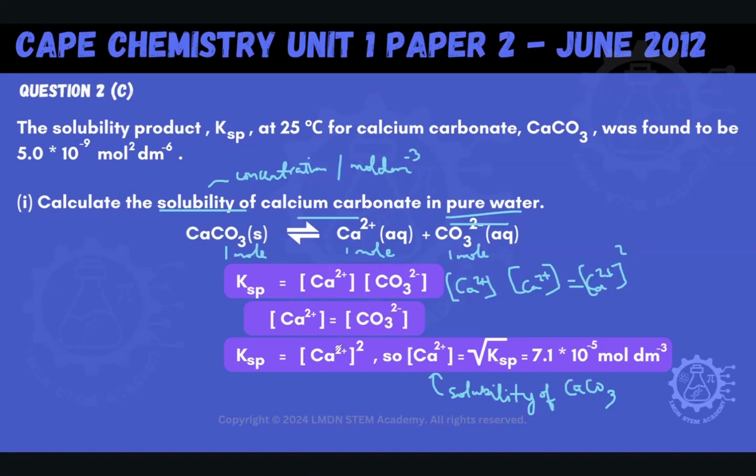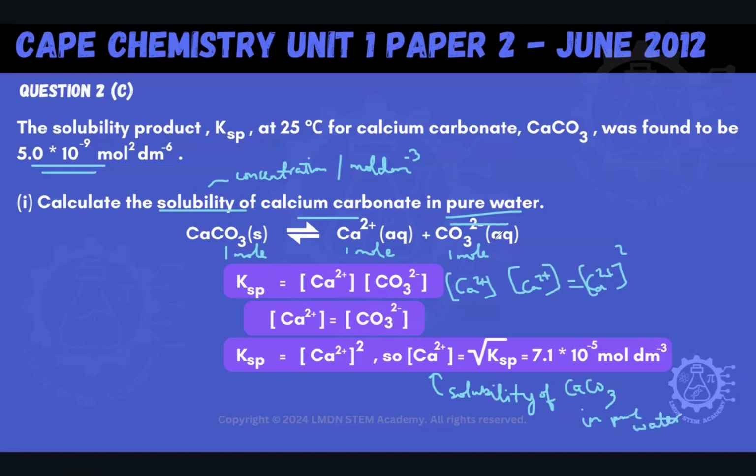When I square root this number, I get 7.1 times 10 to the negative 5 mole per dm cube. So that is my solubility of calcium carbonate when it's in pure water.